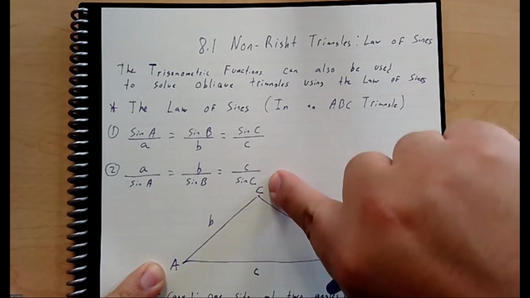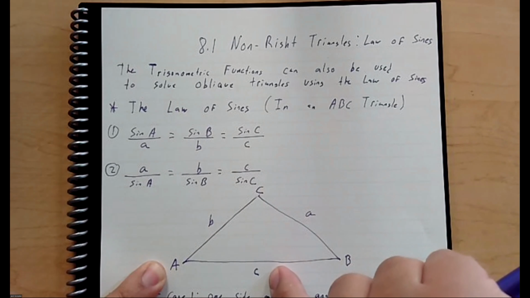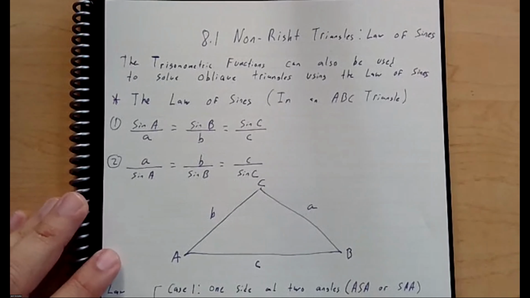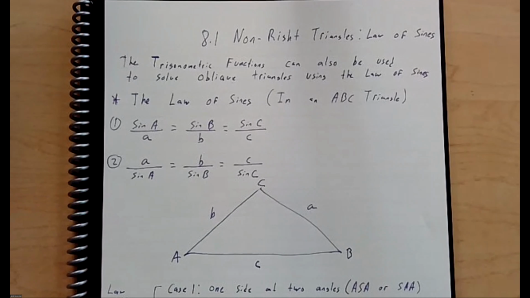If you put C up here, lowercase c is down here. If you're doing the homework and they have different letters, they may use alpha, beta, gamma. Then just put the lowercase opposite to beta, and lowercase opposite to alpha. I just think capital is a little more obvious, but whatever.